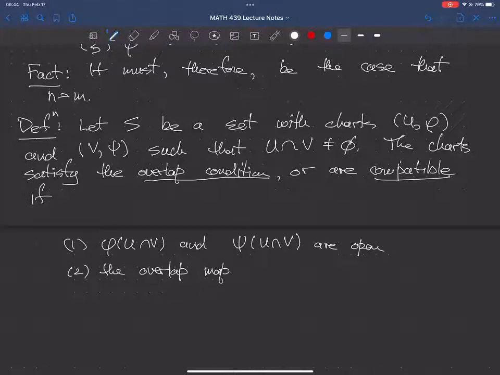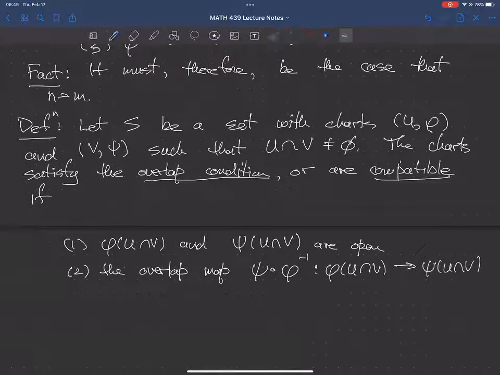And then the other condition is that the overlap map, and there's going to be a picture that goes along with this, so we'll see what this thing means, is psi composed with phi inverse. It maps from phi of U intersect V into psi of U intersect V. Now both of these things by hypothesis from part one are open subsets of Euclidean space, and I'm going to ask that this map be C infinity, a smooth diffeomorphism.